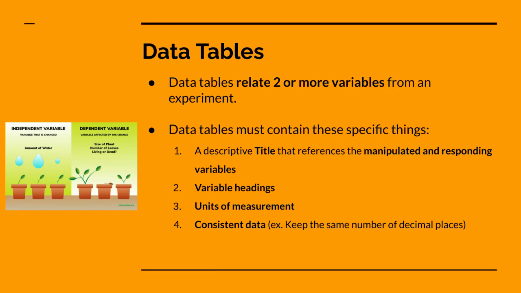So it'd be like 98.0, 26.2, 31.8. It would be making sure your data all looks the same.